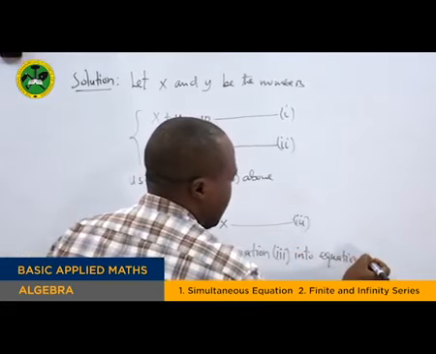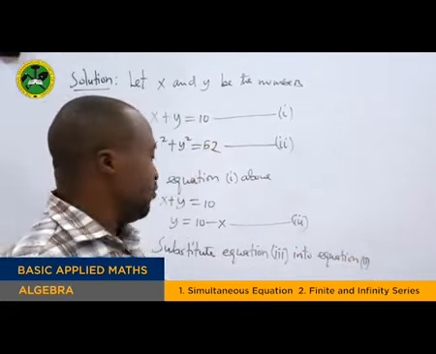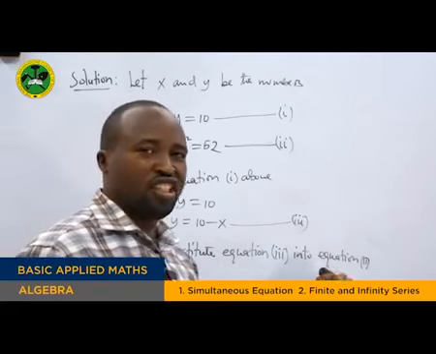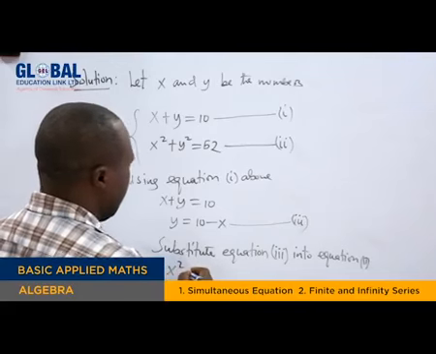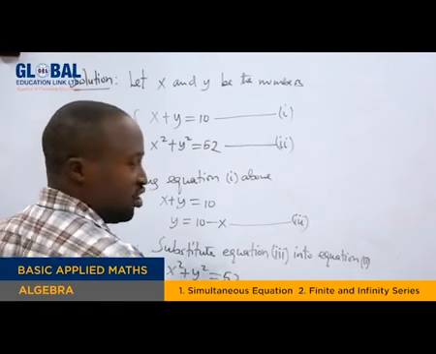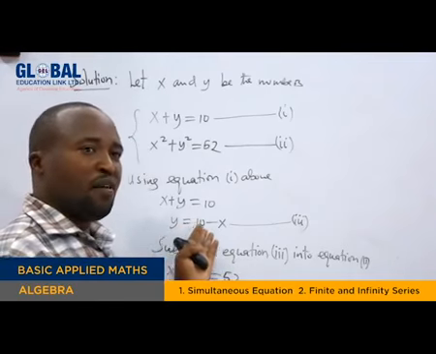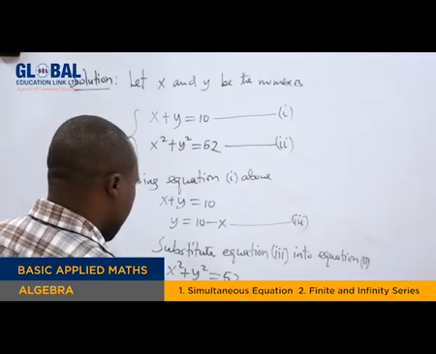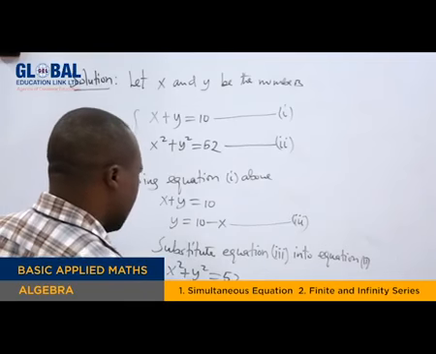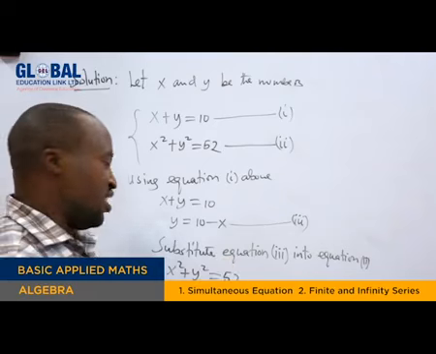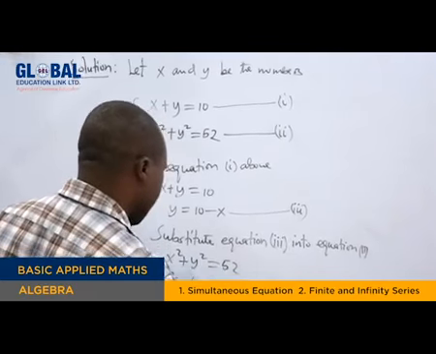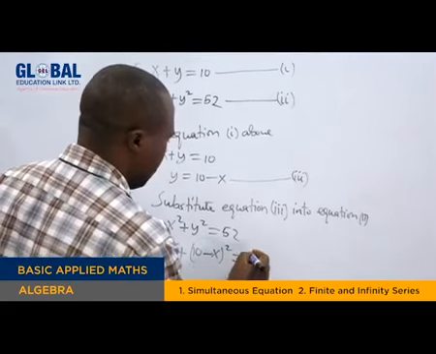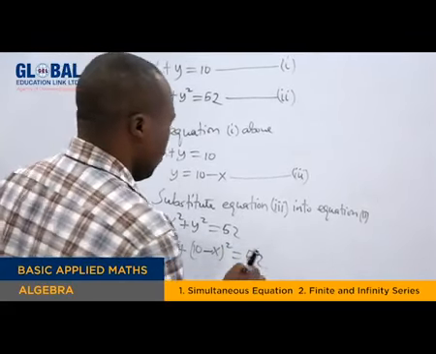Substitute equation 3 into equation 2. So we have x squared plus y squared is equal to 52. But remember, y is equal to 10 minus x. So we say x squared plus, now y becomes 10 minus x, so we have (10 minus x) squared, which is equal to 52.